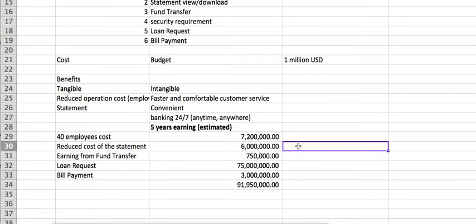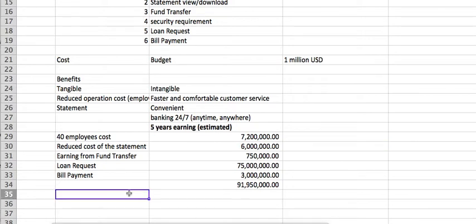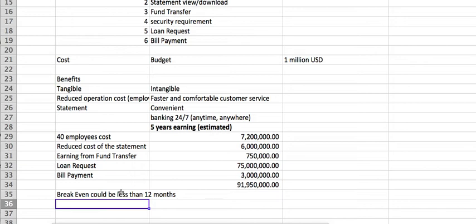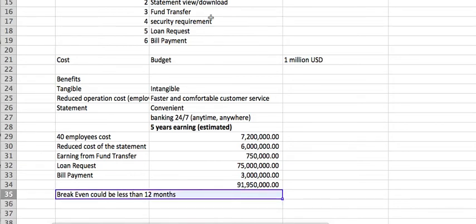The first year. So that is what we are talking about. The break even could even be less than 12 months. So when the break even could be less than 12 months, it is a profitable project, I would say.